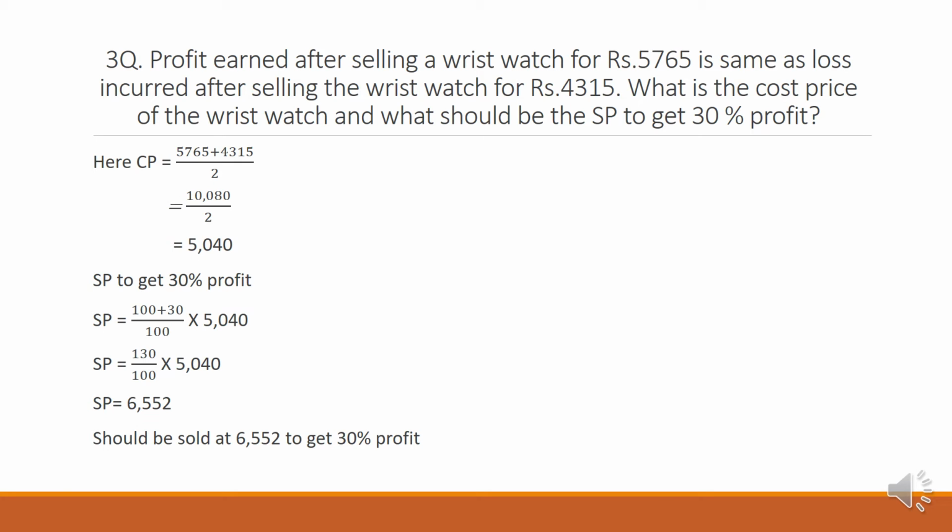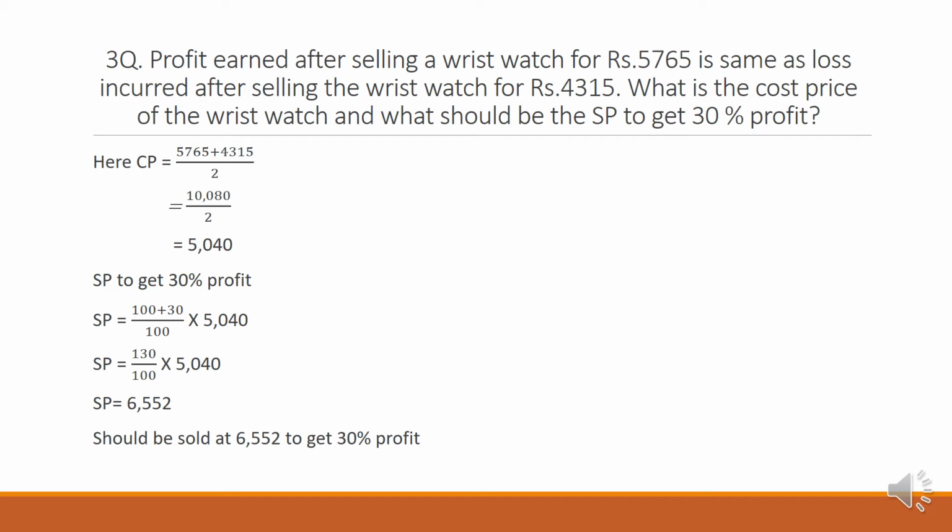The profit earned after selling a wristwatch for rupees 5,765 is same as the loss incurred after selling the wristwatch for rupees 4,315. What is the cost price of the wristwatch and what should be the selling price to get 30% profit?